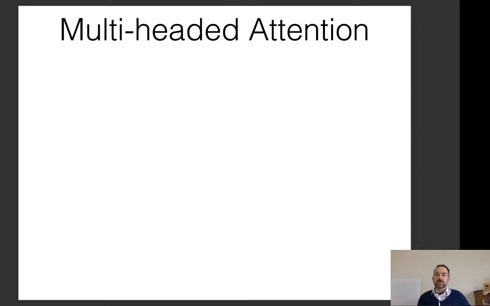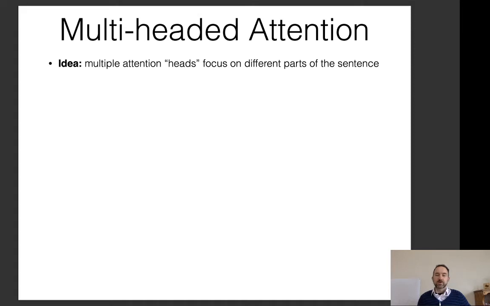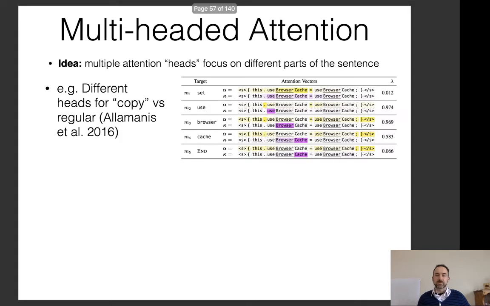Another important variety of attention is multi-headed attention. And the idea is basically that multiple attention heads focus on different parts of the sentence. To first give an intuitive example of a place where this could be obviously helpful, if we have two heads, one head is just a normal attention head that is pulling in contextual information from various pieces in the sentence.